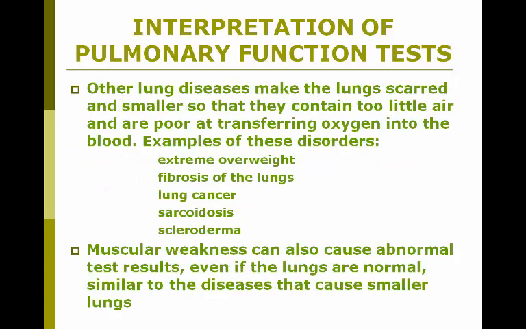In other lung diseases, the lungs are smaller than normal, and they're scarred, and they can't exchange gases normally, and they also contain too little air to be able to supply enough oxygen for the tissues. Examples of these include extreme overweight, pulmonary fibrosis, lung cancer, and certain connective tissue diseases such as sarcoidosis and scleroderma. Muscular weakness can also cause abnormal lung results.